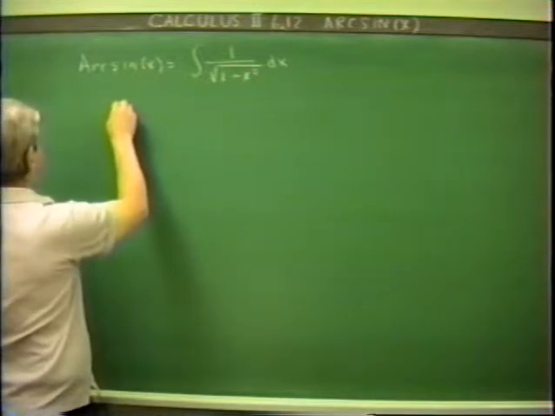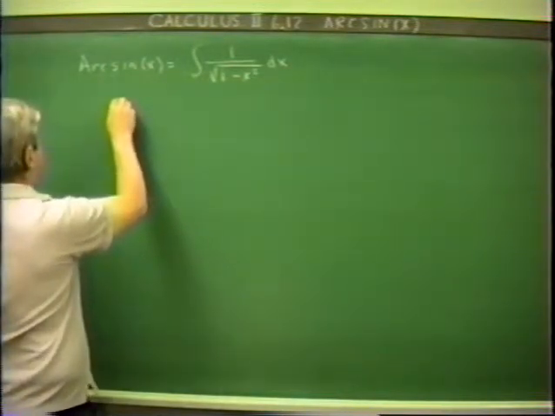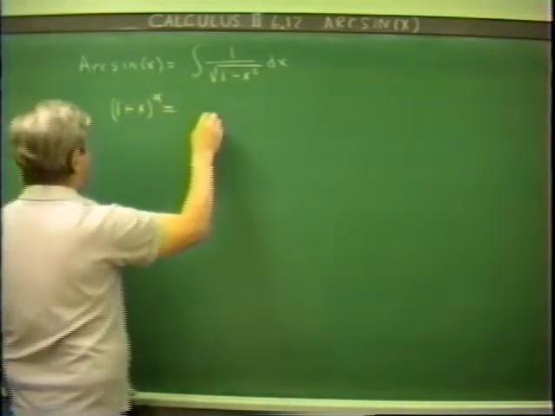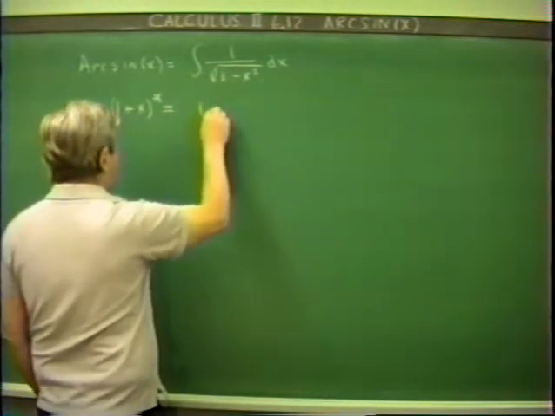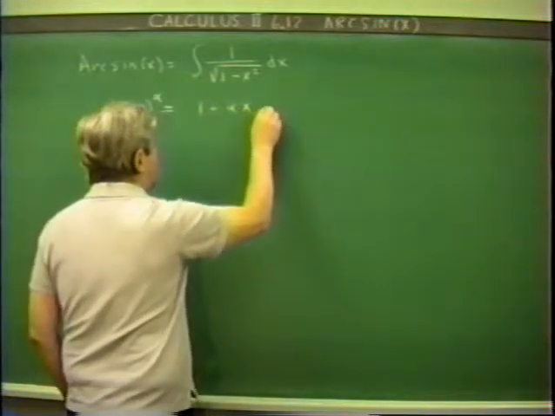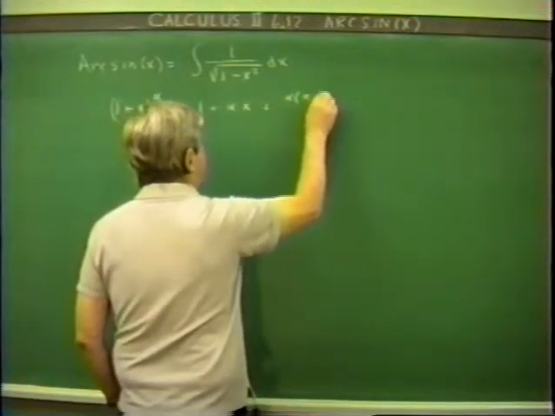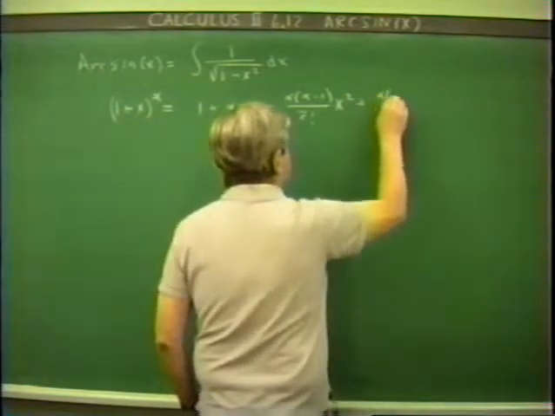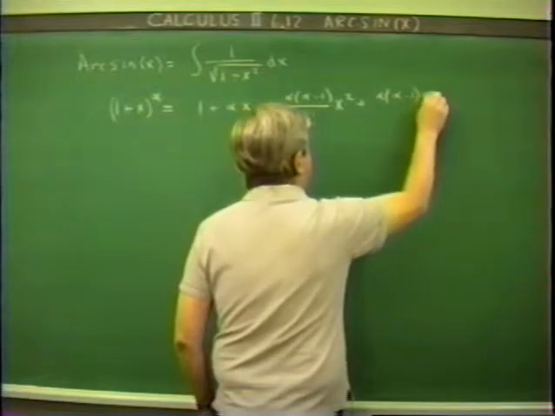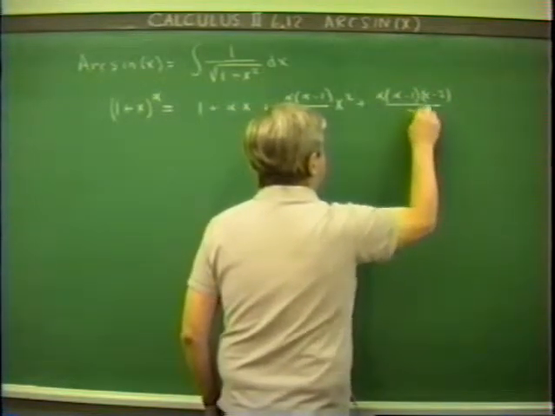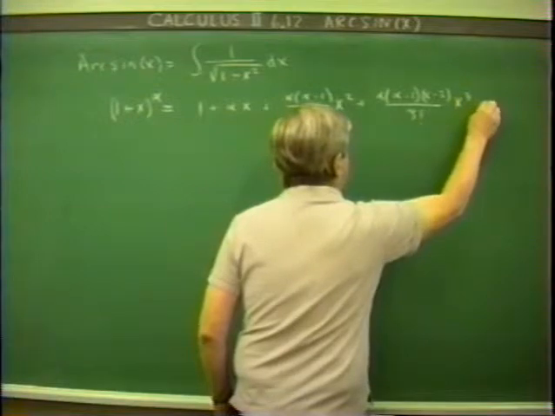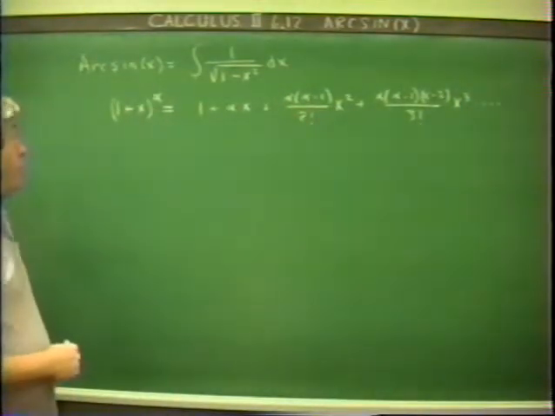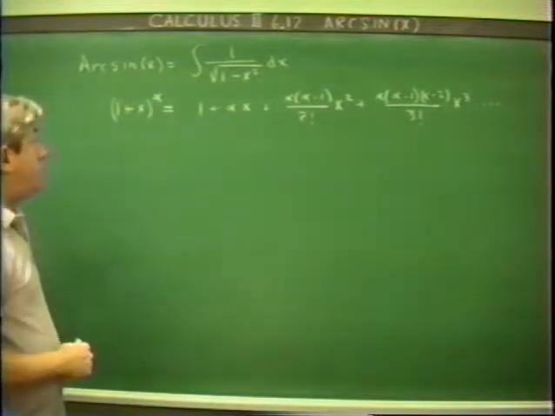So we're going to first develop the power series for 1 over square root 1 minus x squared. And to do that, we first of all want to look at the binomial. 1 plus x to the alpha is equal to 1 plus alpha x plus alpha times alpha minus 1 over 2 factorial x squared plus alpha times alpha minus 1 times alpha minus 2 over 3 factorial x cubed and so forth here.